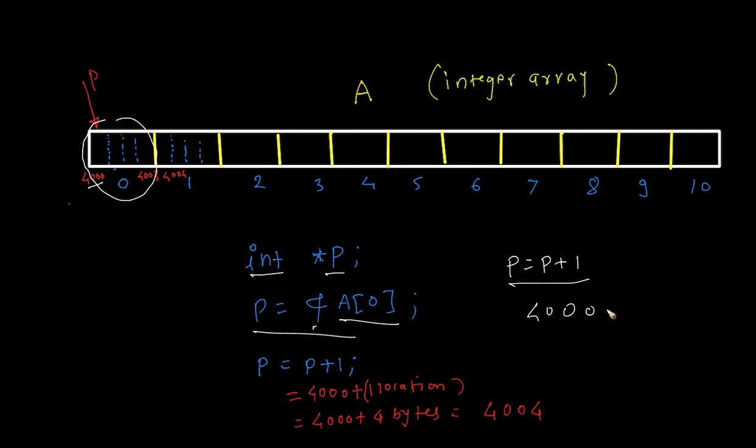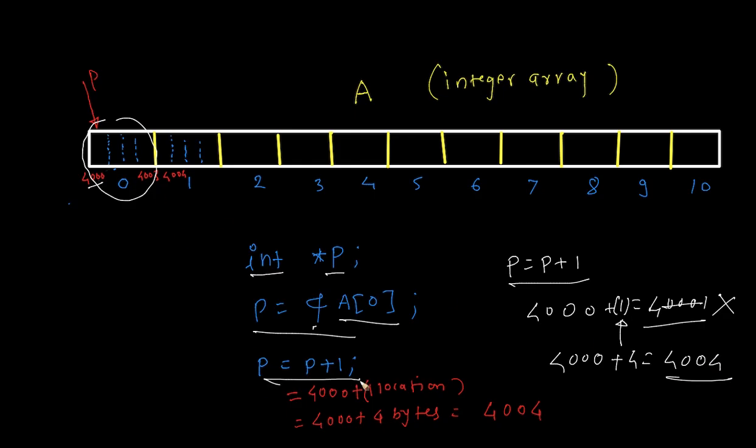It will be incremented by one location. One location is 4 bytes, so this 1 is nothing but 4 bytes. So 4000 plus 4 is equal to 4004. So p goes to the next location, which starts at 4004, right?